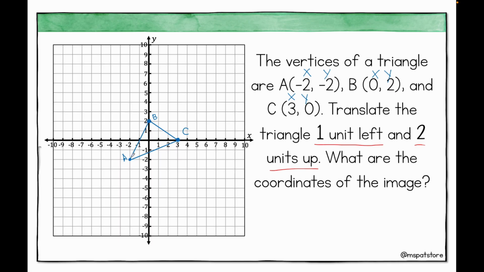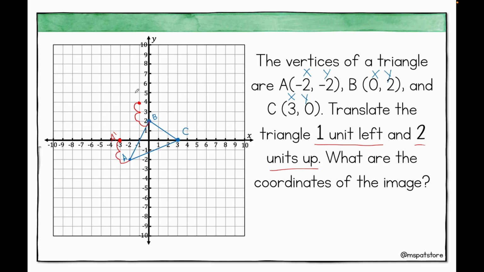All right? So let's do 1 left, 1 and 2 up. 1 and 2. So here I'm going to have A prime, okay? Again, point B, 1 unit left and 2 up. 1 and 2.